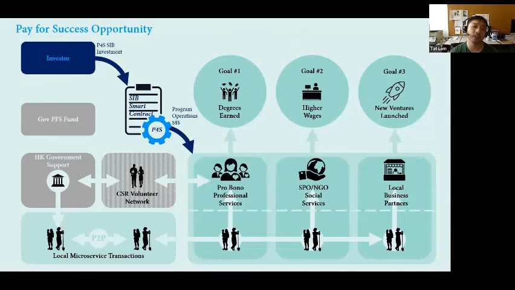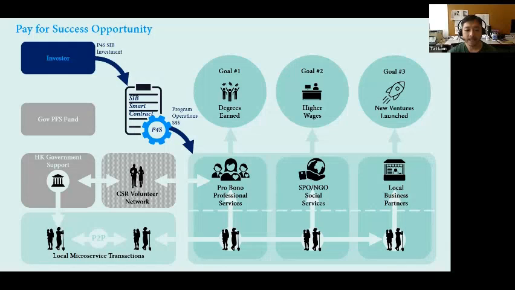The fund is very keen on the Pay for Success model. So if this entire community is able to generate more degrees among community members, higher wages, or local businesses that community members can launch, the government is going to pay back all the costs for the pro bono service, the social service, and the local business partners.